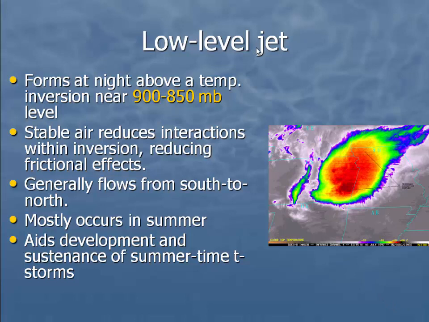It aids in the development and sustenance of summertime thunderstorms, and we're going to see that it plays a vital role in providing the moisture needed to produce thunderstorm activity in the summertime in the plains, and it brings a lot of precipitation to the agriculture-heavy portions of the United States. So it's a very important feature that we do see at night sometimes in the central plains, and we'll talk a little bit more about that when we get to severe weather.